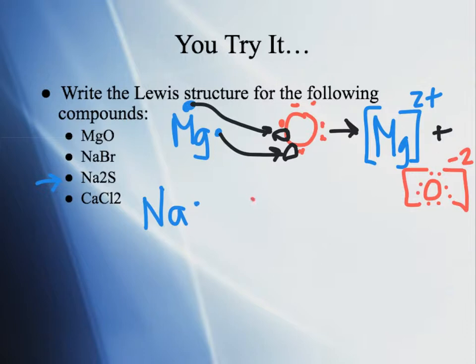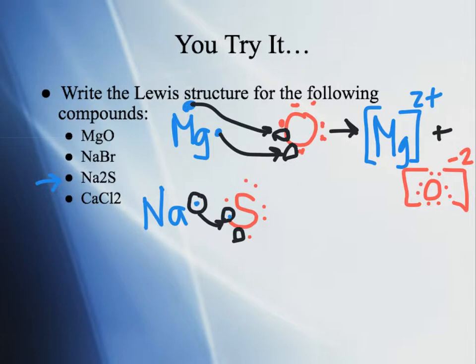And we're going to hook them up with sulfur that has 6 valence electrons. If you take a look at sulfur, it's a nonmetal, so it's going to get electrons, and it's got 2 empty spots to fill. However, sodium only has 1 valence electron, so it only has 1 to give to sulfur. That leaves 1 extra spot there.